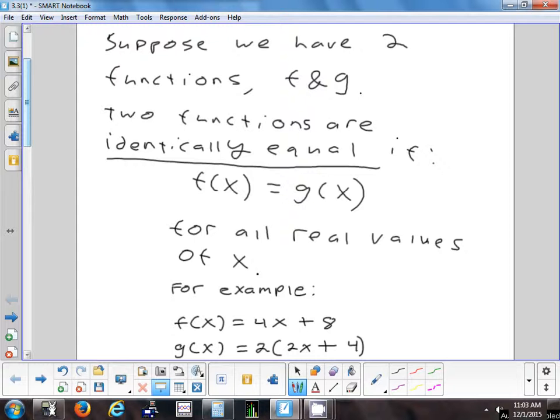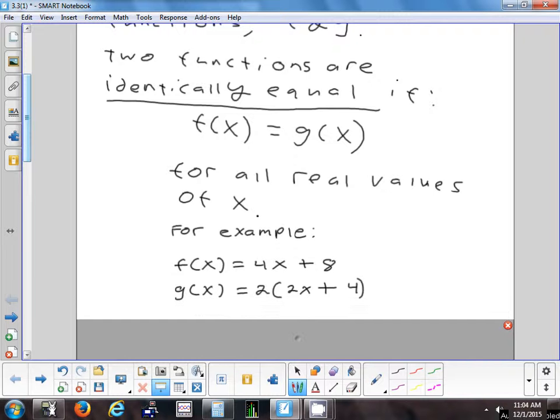So here's an example of two functions that are identically equal. f of x equals 4x plus 8. g of x equals 2 times 2x plus 4. These two functions are exactly the same thing. One of them is more simplified than the other.